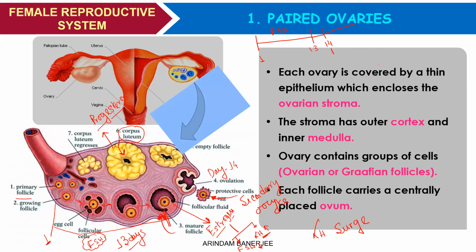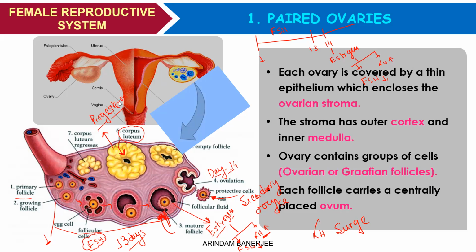One is the LH surge. What is the LH surge? Estrogen increases the value of LH and decreases the value of FSH. Thereby the Graafian follicle ruptures on day 14. And the mass of cells, that means the ruptured or degenerating Graafian follicle, is called the corpus luteum. The function of the corpus luteum is that it produces progesterone.